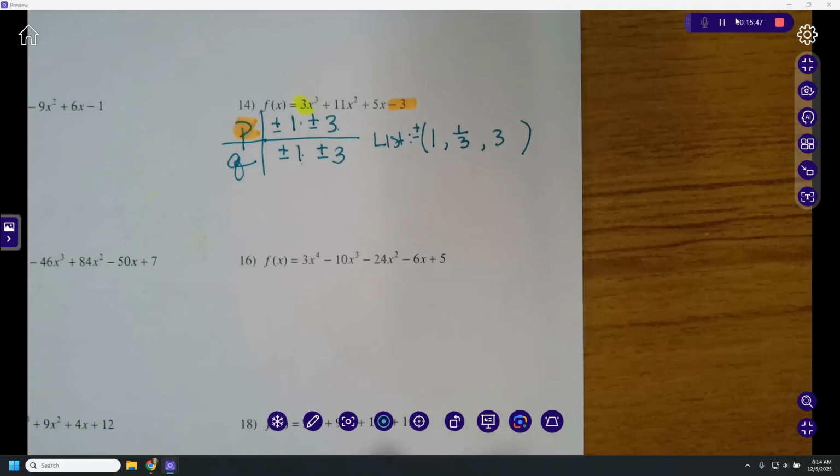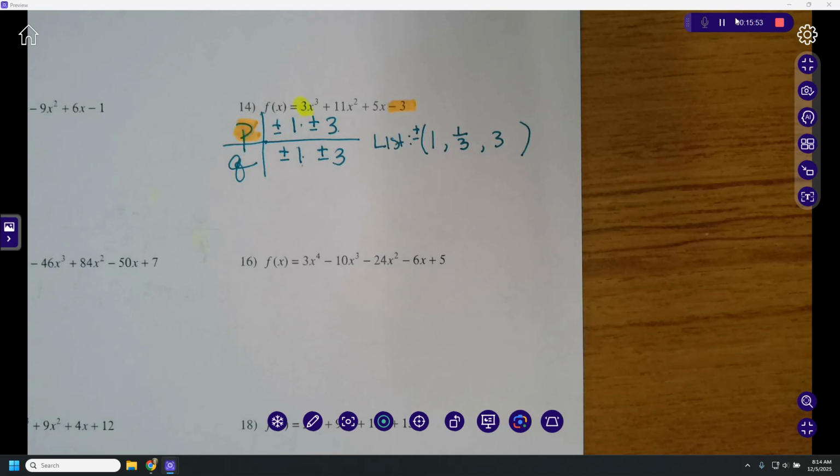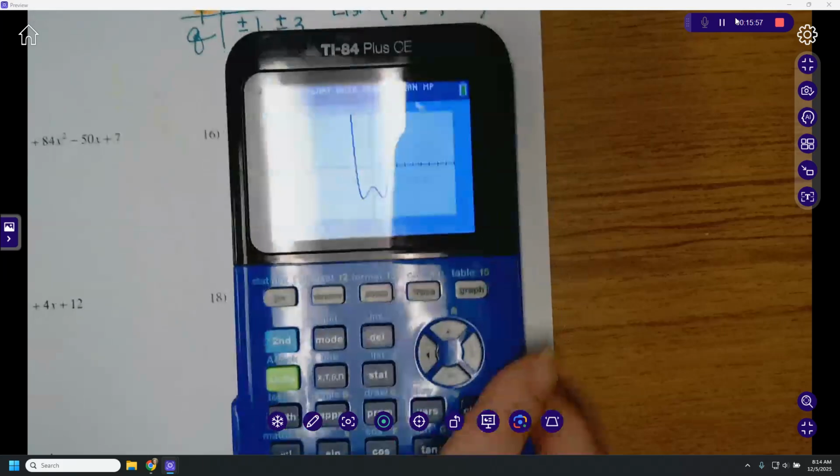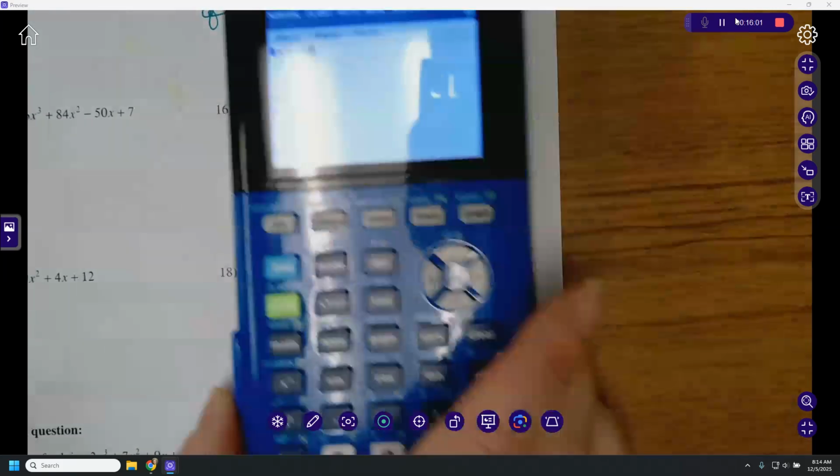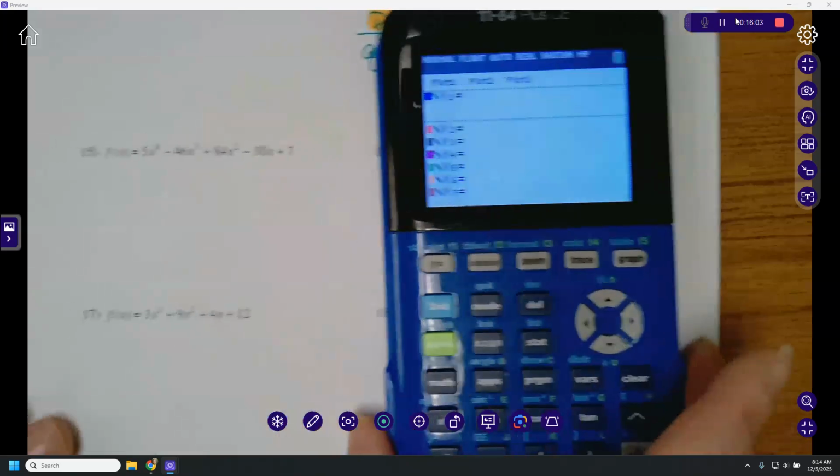Okay. What you're then going to do is either confirm on Decimus, or I'm going to use my graphing calculator. I'll show Decimus after this. I would have to graph this. So I go ahead and graph this.